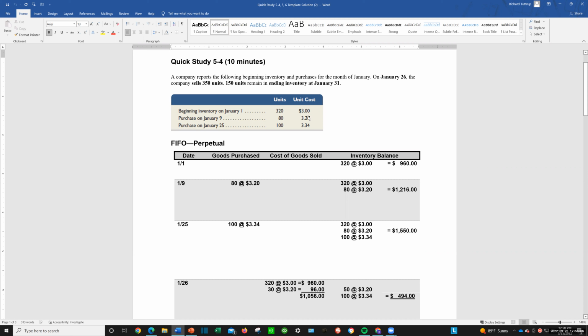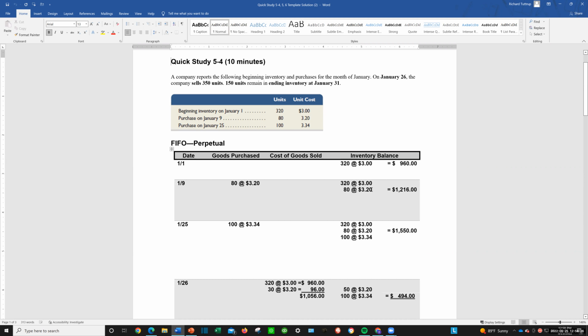Okay. Now, what we want to do is bring down our original layer of beginning inventory. So it's 320 at $3 a unit. And then we're going to add to that layer 80 at $3.20.